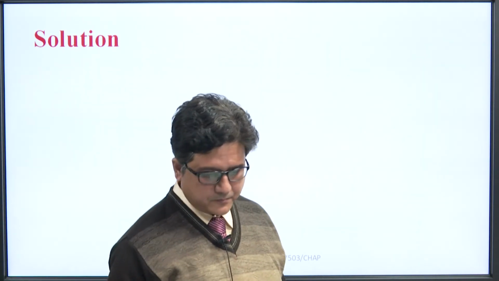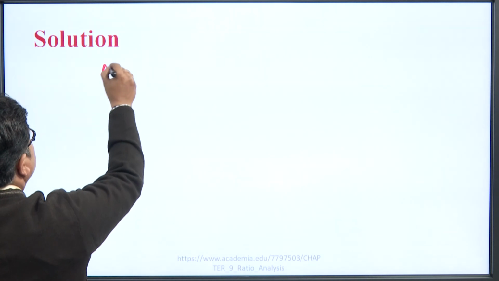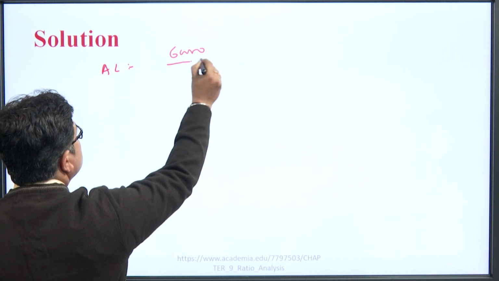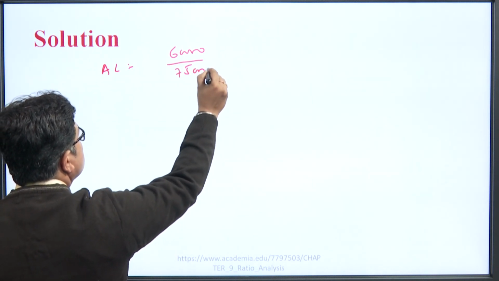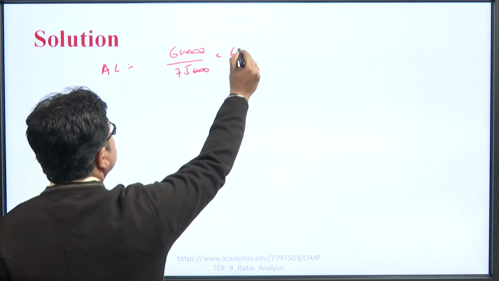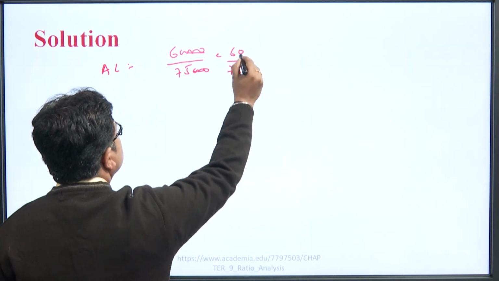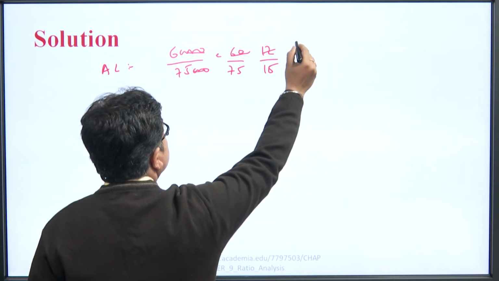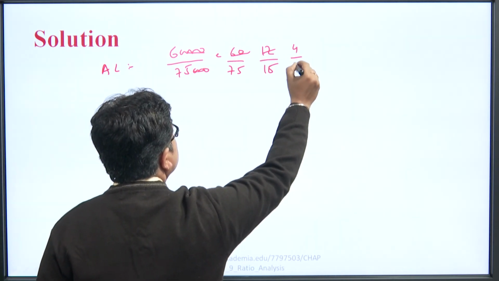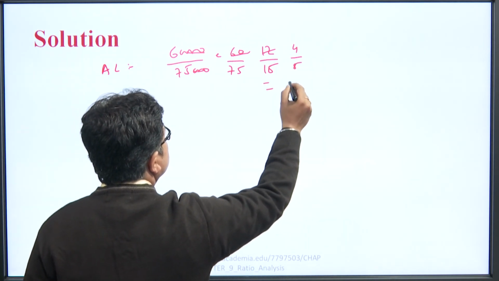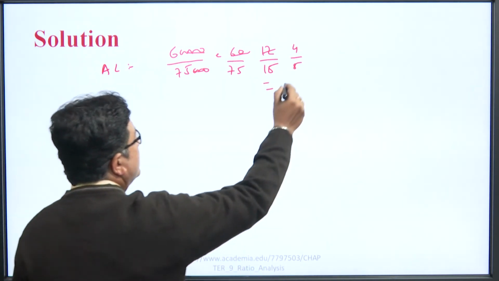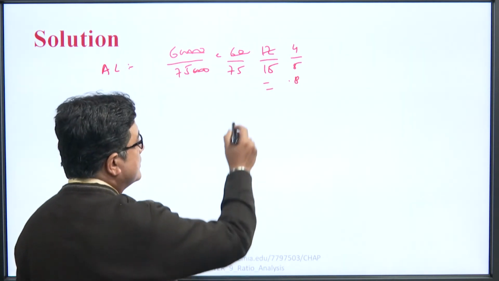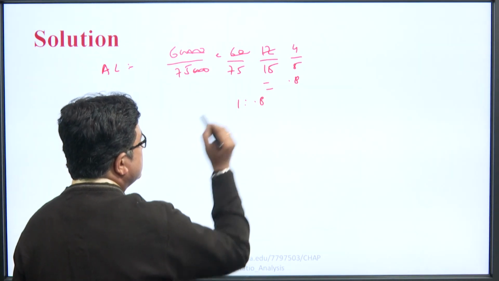So absolute liquidity is 60,000 divided by 75,000. 60 divided by 75, 5 से करेंगे तो 12, 5 से 15, 3 से करेंगे 9, 3 14... it's 0.8, 1:0.8.